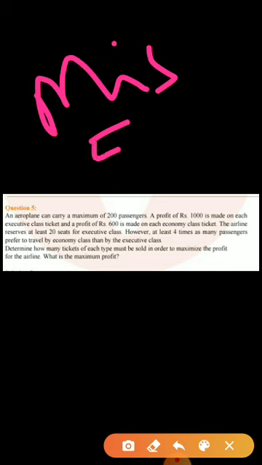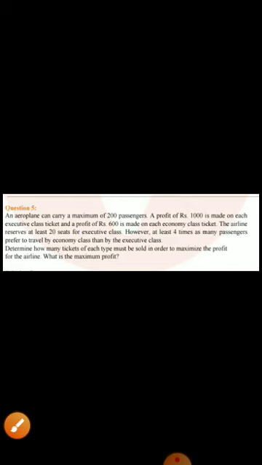Miscellaneous exercise, fifth question. The question is: an aeroplane can carry maximum 200 passengers. A profit of rupees 1000 is made on each executive class ticket and a profit of 600 is made on each economy class ticket.